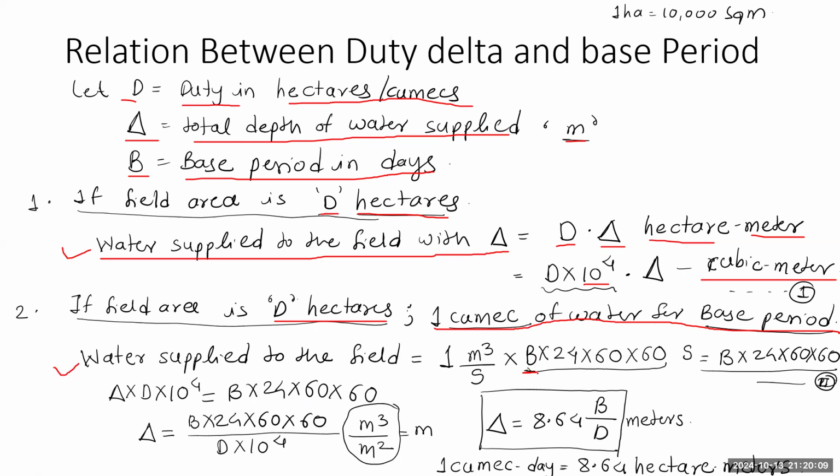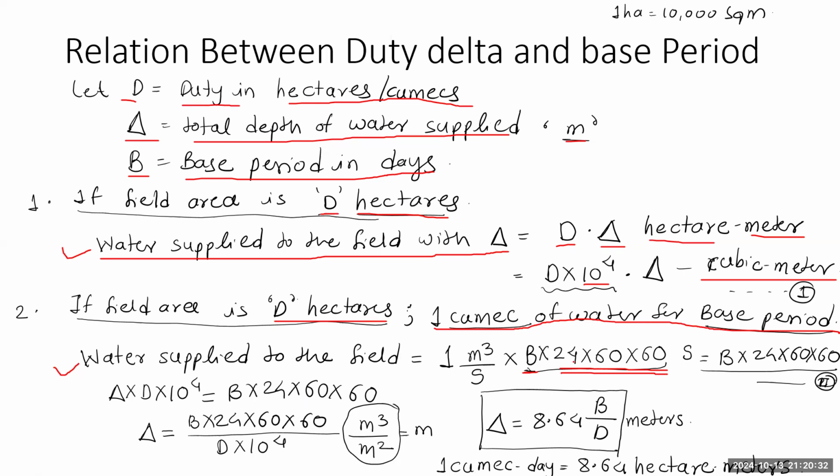B is in number of days. This discharge is in cubic meters per second, so B should also be in seconds, so that the resulting volume will be in cubic meters. This base period B, which is in days, is converted into seconds by multiplying with 24 into 60 into 60.